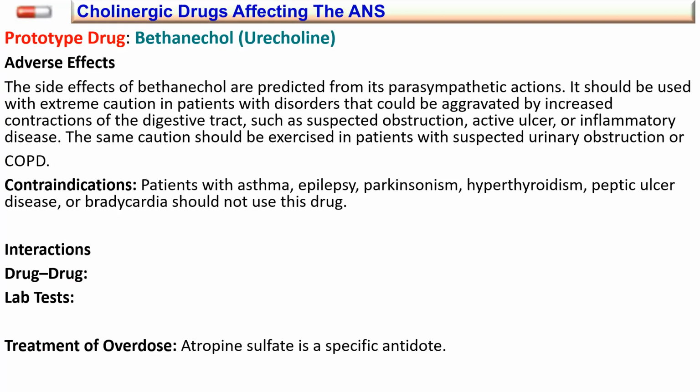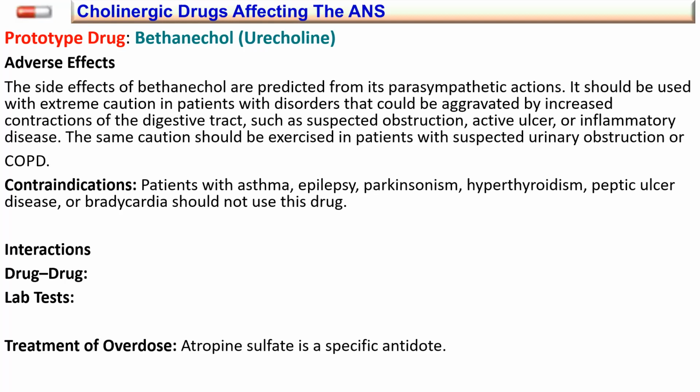Safety in pregnancy and lactation, and in children younger than 8 years, is not established. But we have to be careful, as these are the specific contraindications for this drug: patients with asthma, epilepsy, Parkinsonism, and hyperthyroidism.